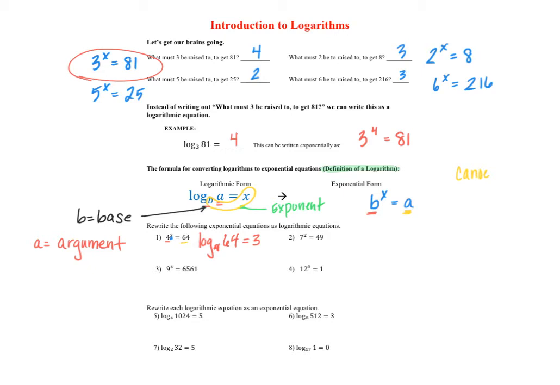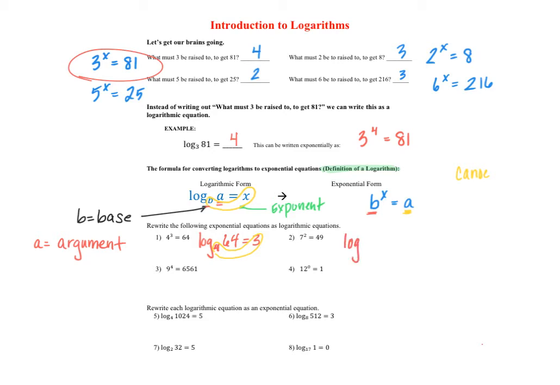Now, how do I do a quick check? I'm going to look at my canoe. 4 to the third is supposed to be equal to 64, and that is what I have here. 4 cubed is equal to 64. Let's try another example, rewriting this exponential equation as a log. I have my word log.